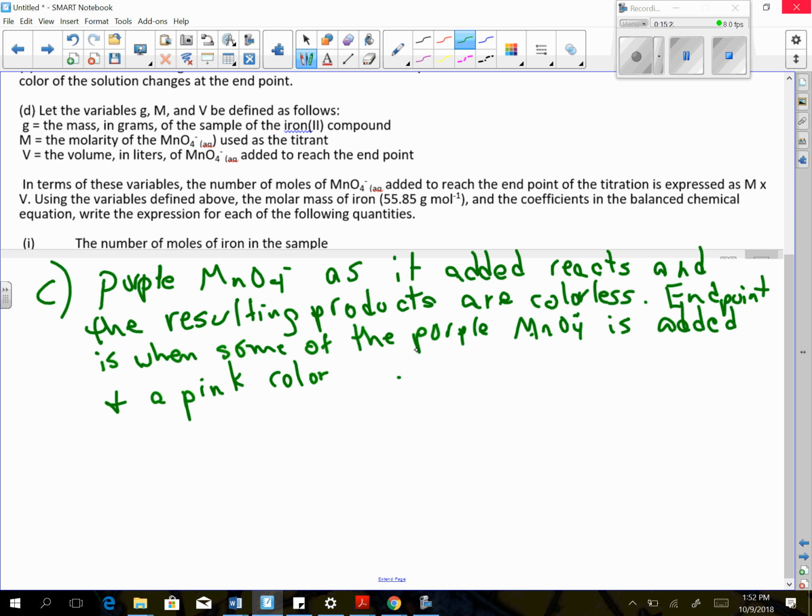So when we add the purple permanganate, you have a pink color in the solution. And what that pink color is, it's just a really dilute purple. So that's how you could be asked that question now.